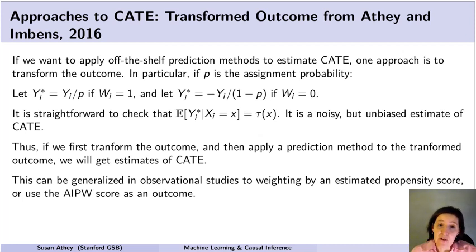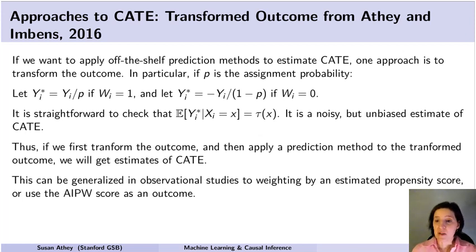The other half will be control, so I'll multiply by a half and minus 1 their outcomes to get this estimate for them, and I take the difference, and that's going to be, on average, the difference between the sample average treated outcome and the sample average control outcome. Remember, the control guys we've transformed and multiplied by minus 1. So if I just average up all these transformed outcomes, I'm going to get an estimate of the treatment effect.